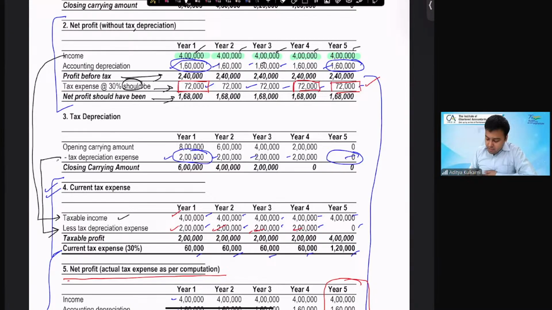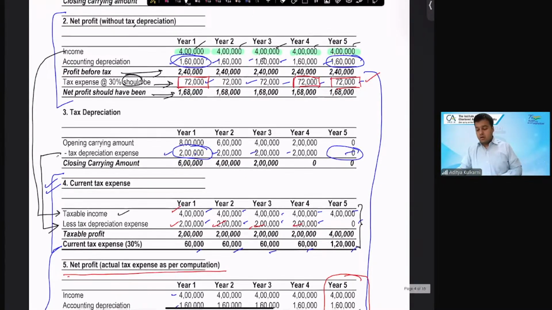So taxable profit is 2 lakhs. Current tax expense at 30% is 60,000 each year. But in the last year, it is going up to 1,20,000. So far, is it okay? Yes, sir. Prashant, Priyanka, Anushi, all clear? Yes, sir.